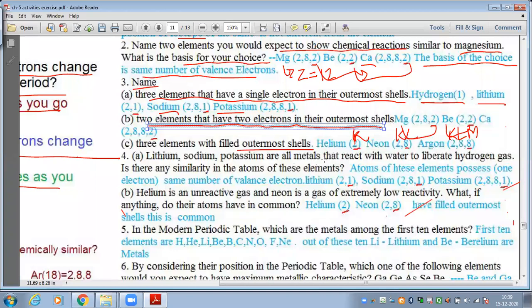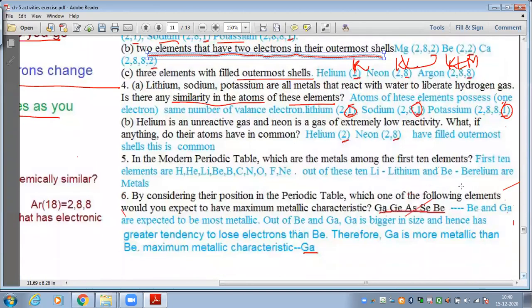Lithium, sodium, potassium are the metals that react with water to liberate hydrogen gas. Is there any similarity in the atoms of these elements? Yes, all these atoms, lithium, sodium and potassium, have 1 electron in their outermost shell, and this is the similarity among all these elements. Now, helium is an unreactive gas and neon is a gas of extremely low reactivity.